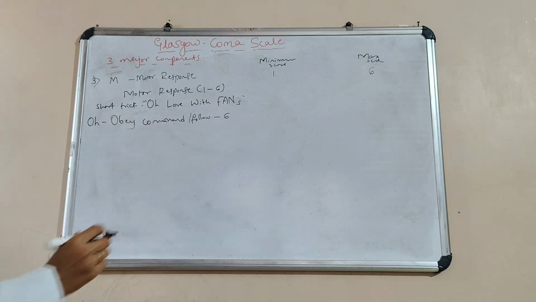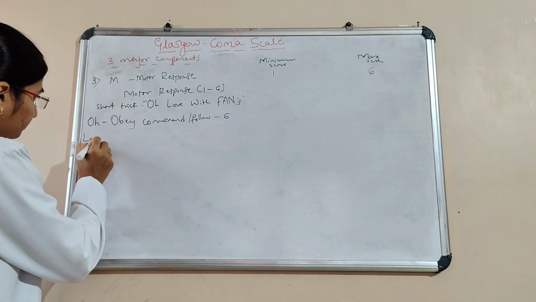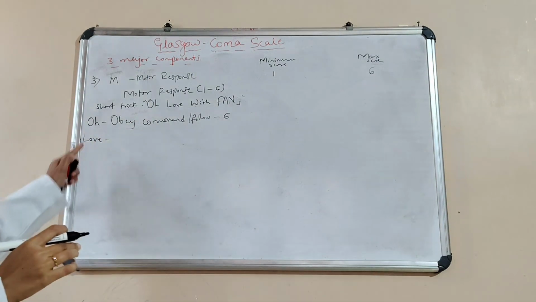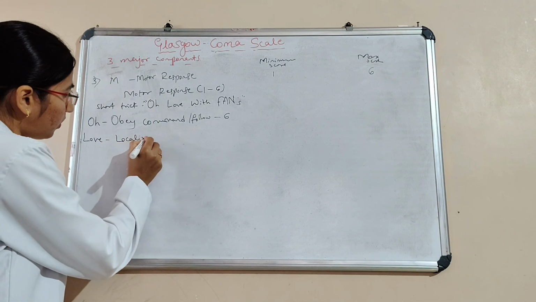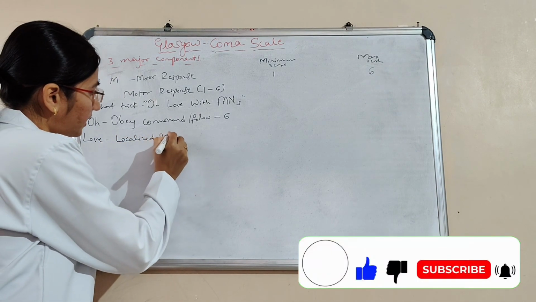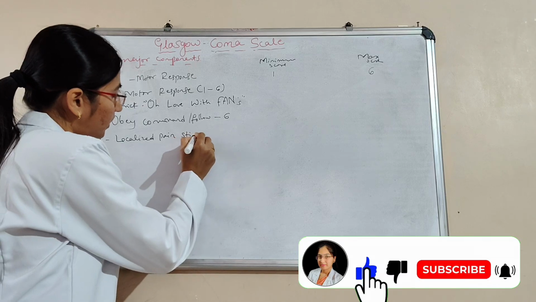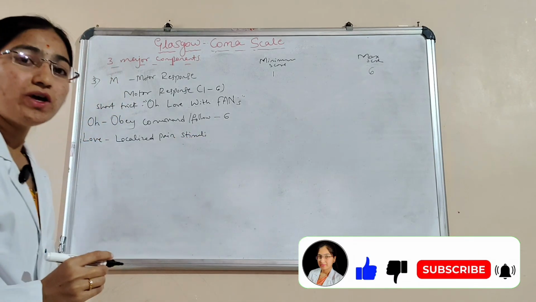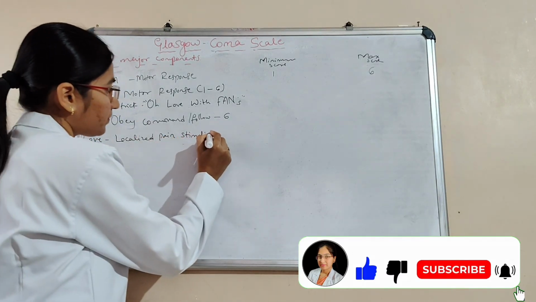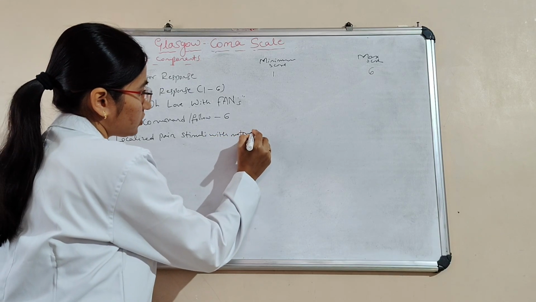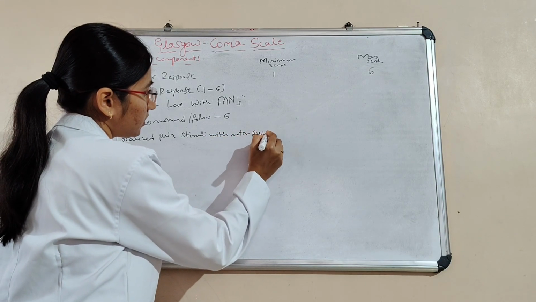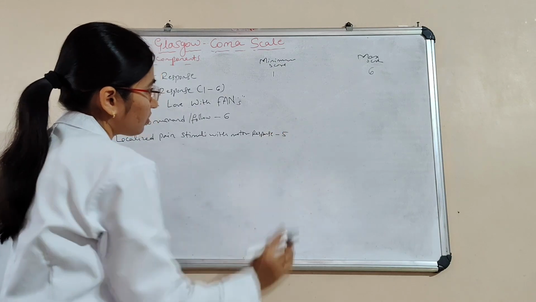And then, this love, that L means localized pain. Localized pain stimuli with motor response, we can give the score 5.